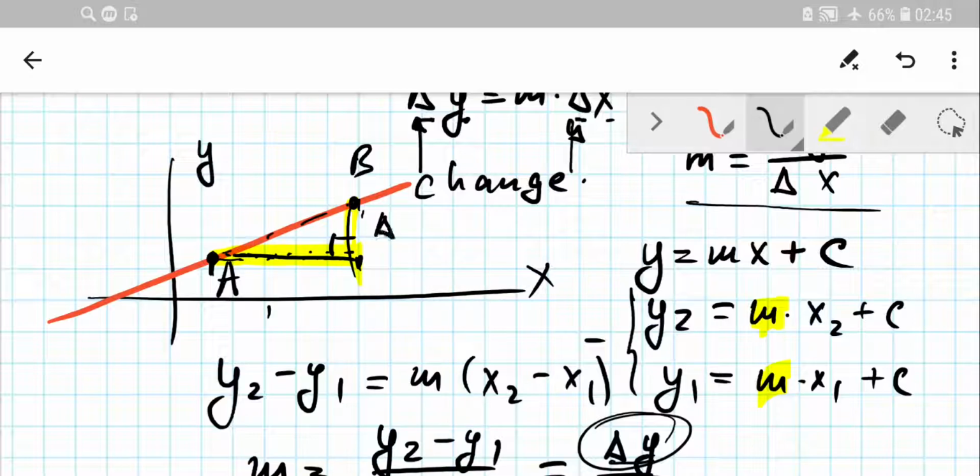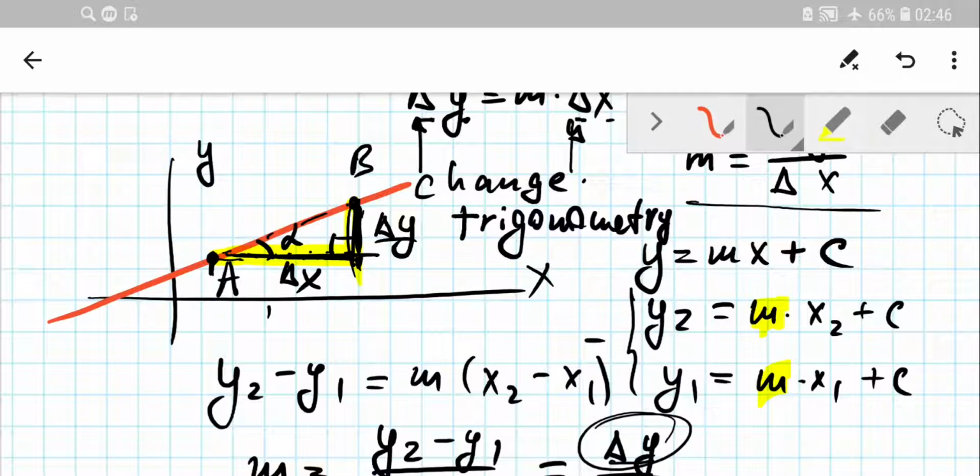And we have this leg to be delta y and this leg to be delta x. So if we divide this leg over that leg, let's input some angle alpha. Let's remember trigonometry, because this is about trigonometry now.